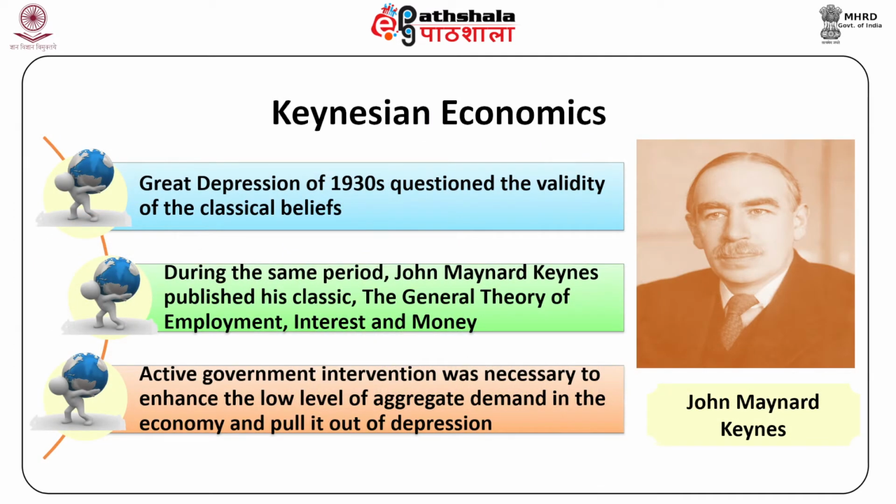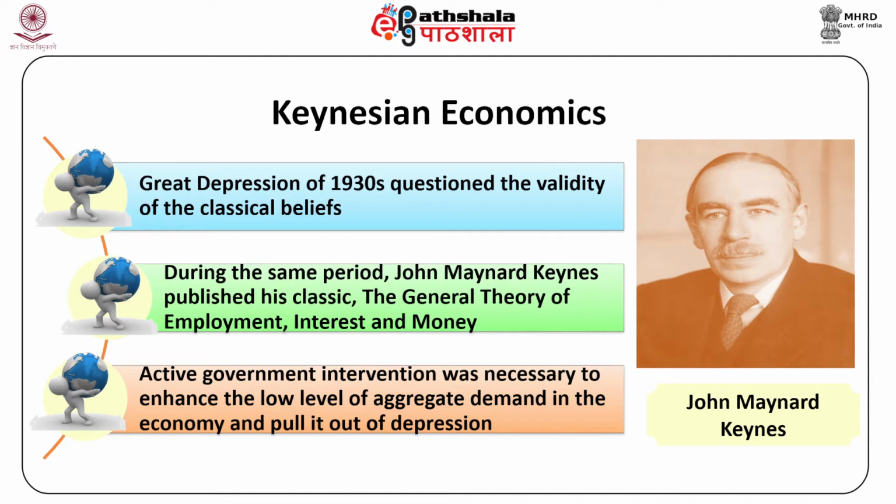The Great Depression of 1930s questioned the validity of the classical beliefs of laissez-faire, that is, minimal government interference and full employment. During the same period, John Maynard Keynes published his classic, The General Theory of Employment, Interest and Money.